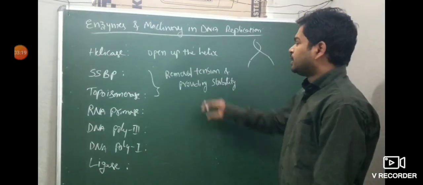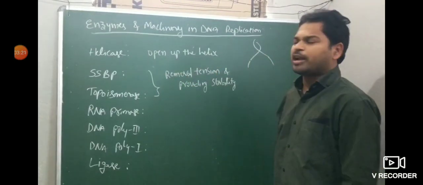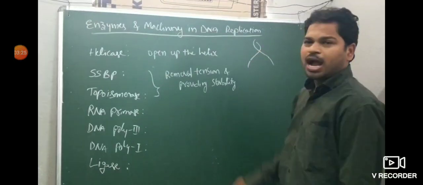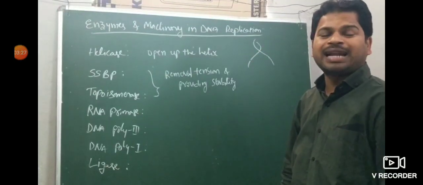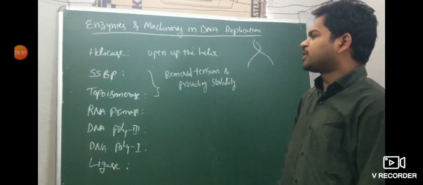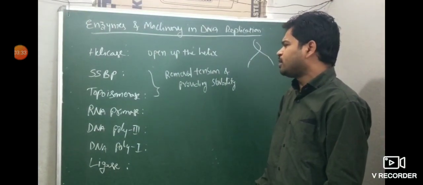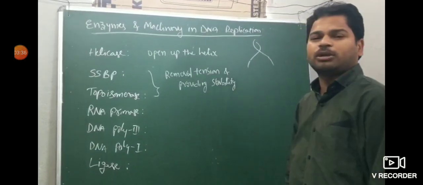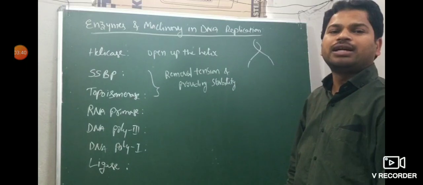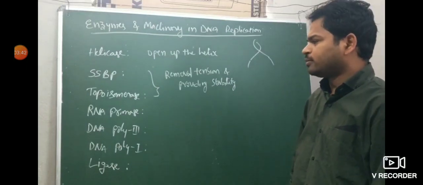So single strand binding protein and topoisomerase enzyme remove the tension and prevent the supercoiling and rewinding of the DNA helix. That is nothing but stability.